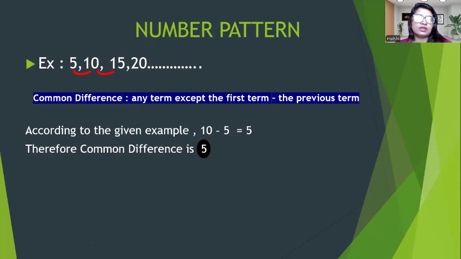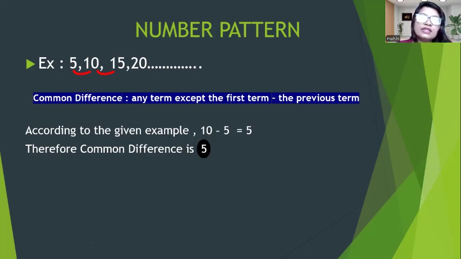You can see this number pattern: 5, 10, 15, 20, and so on. Every term after the first term is obtained by adding a constant value. It's called the common difference.